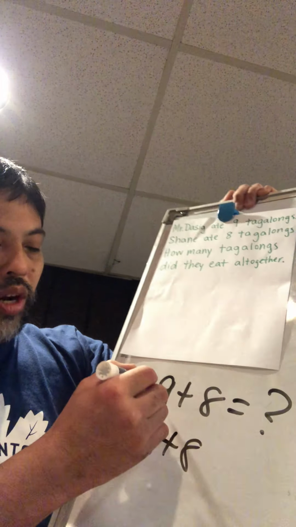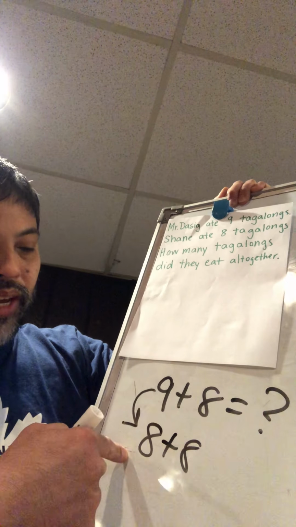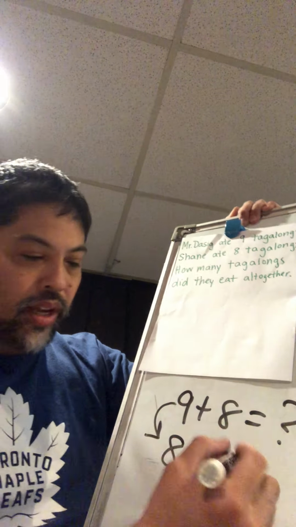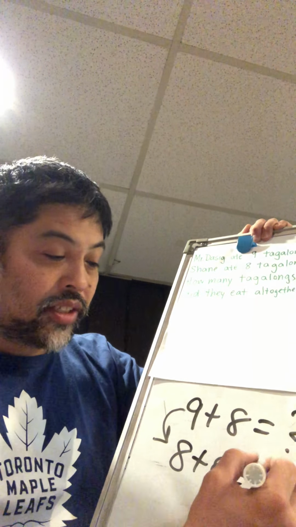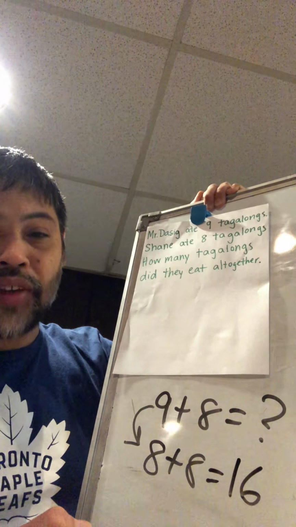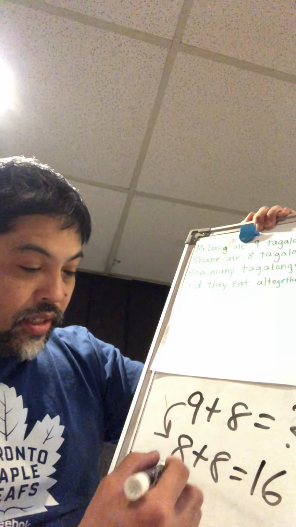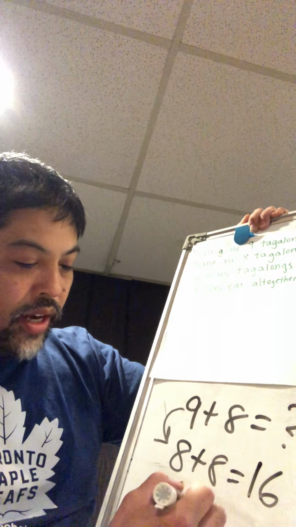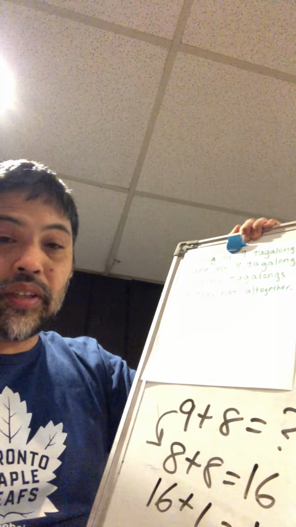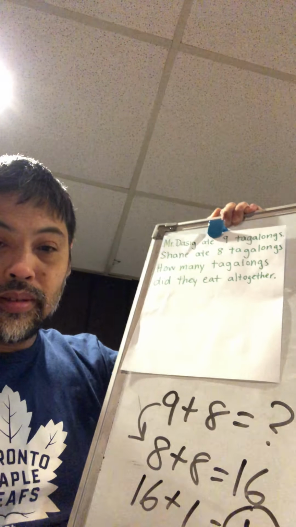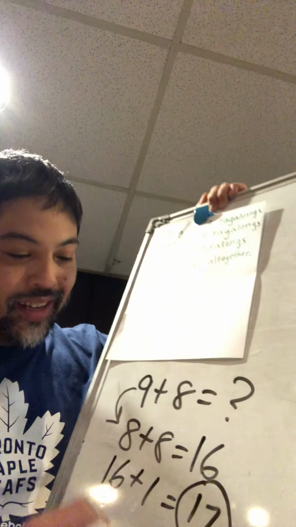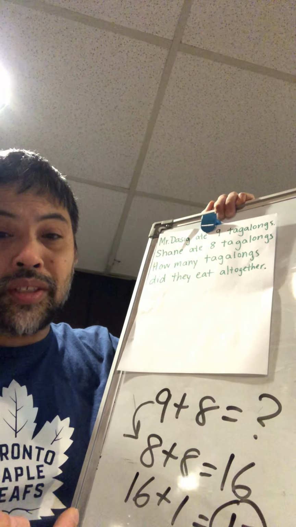I can take 1 away from 9 and make 8 plus 8, okay? And 8 plus 8 I know right away is 16 because I know my doubles facts, all right? And you should too. So 16 plus 1 equals 17, okay? 16 plus 1 is 17.